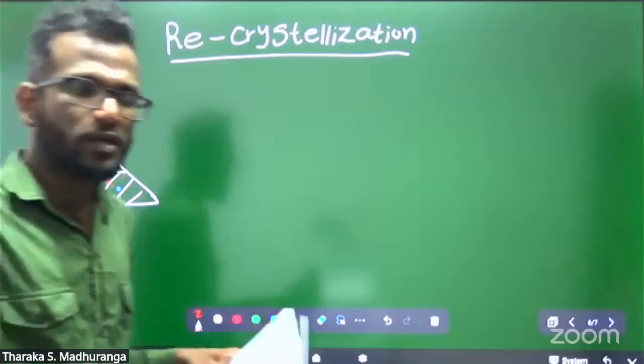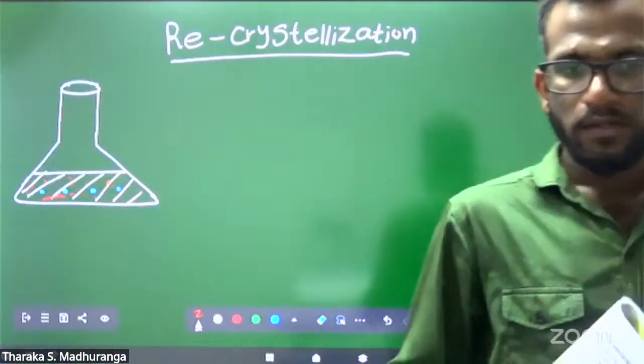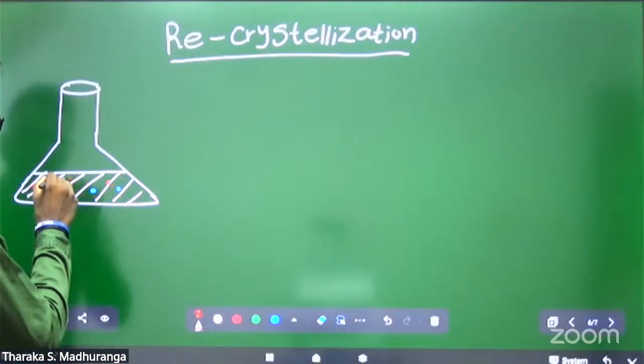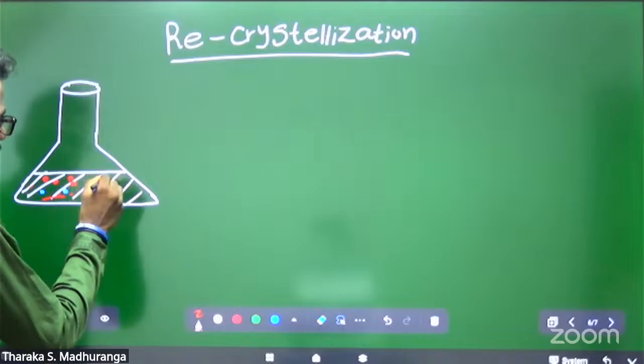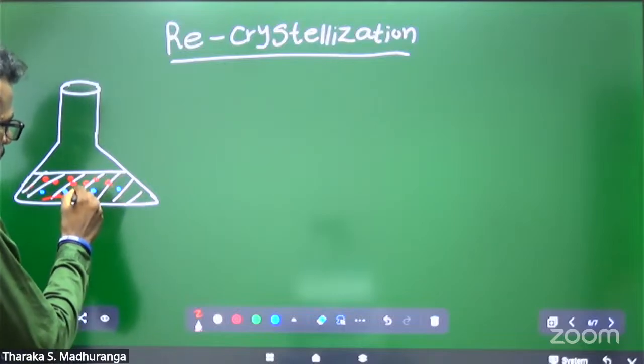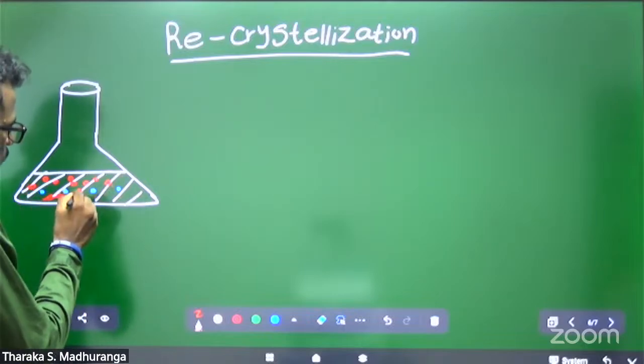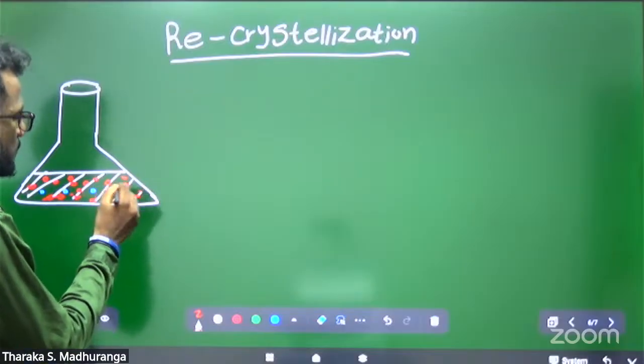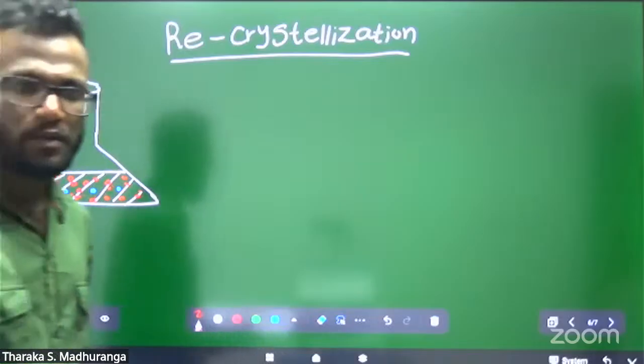Red color impurities, blue color compounds. Then you can see a lot of impurities and a small amount of the required compound.